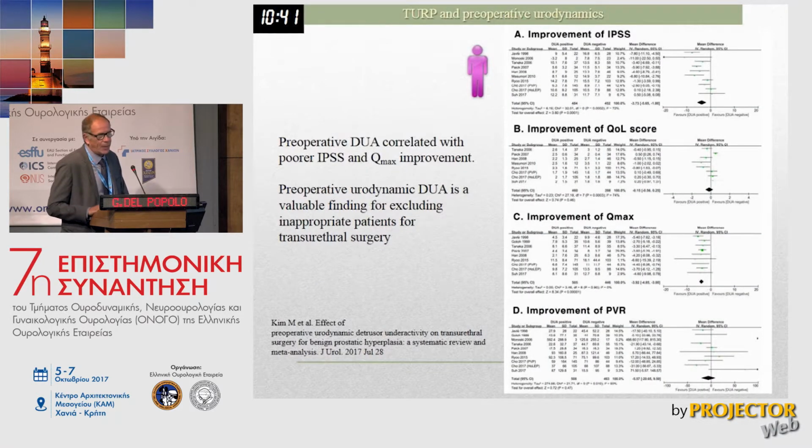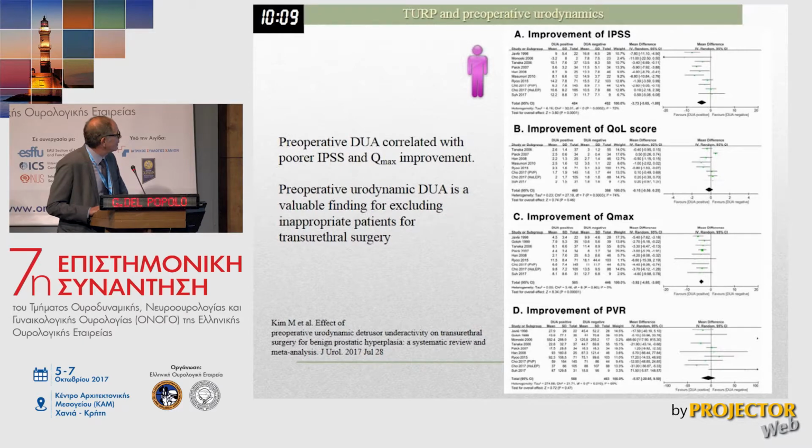And I know that there is another presentation about what to do when we have detrusor underactivity and also BOO. What you can expect is that if we have DU, we have to have good counseling with our patient, because the outcome will be with a poorer IPSS and also a poorer improvement of Qmax.